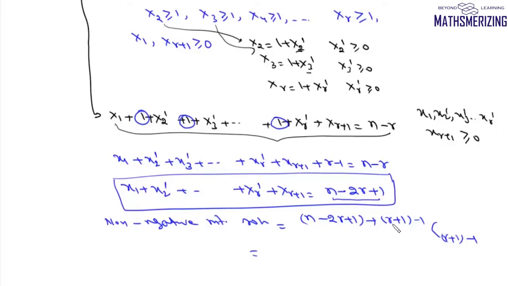Now here 1 and 1 will cancel, so we'll write this as n minus r plus 1 C r. So the total number of ways in which we can select r objects from n arranged objects so that no two objects are consecutive is given by this formula, which is n minus r plus 1 C r.